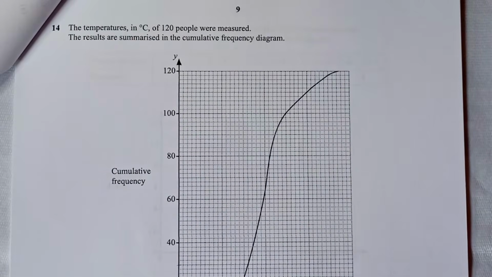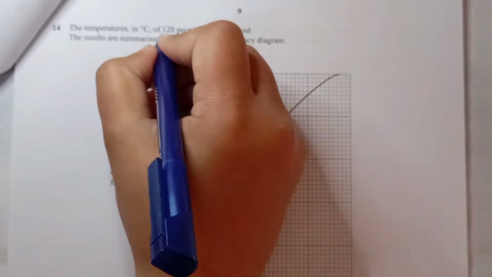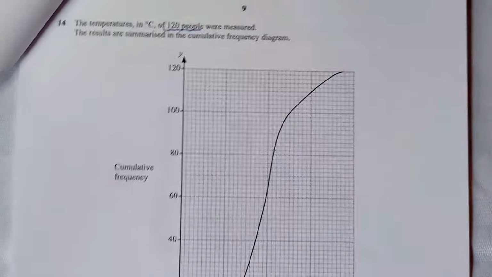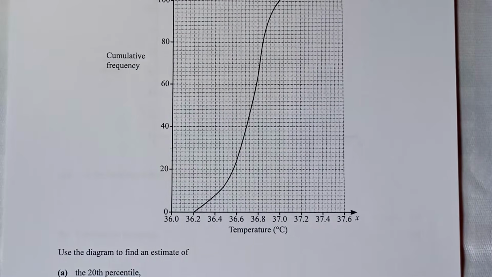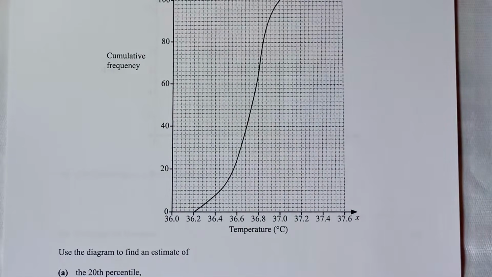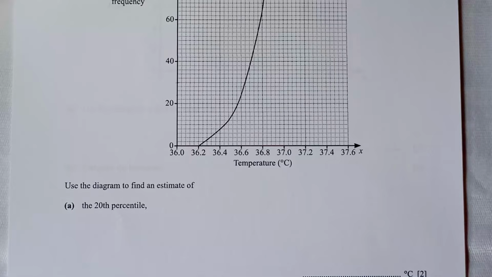Question number 14. The temperatures in degrees Celsius of 120 people were measured. So the total number of people are 120 now. The results are summarized in the cumulative frequency diagram. So you can see the cumulative frequency diagram. The temperature is horizontally and cumulative frequency is vertically. Now use a diagram to find the estimate of, in A part, the 20th percentile.